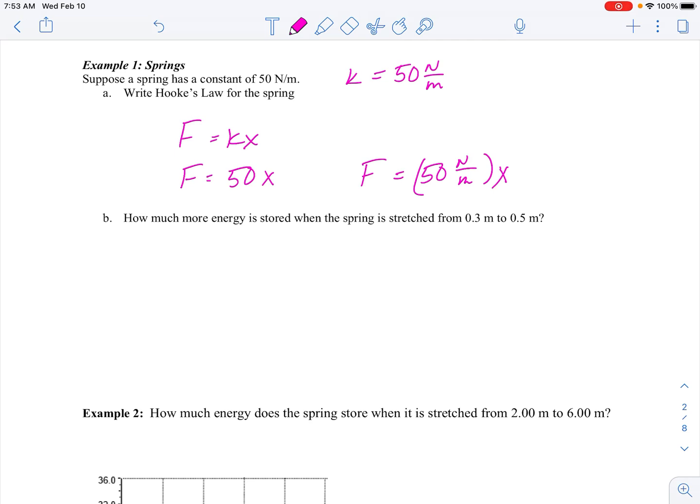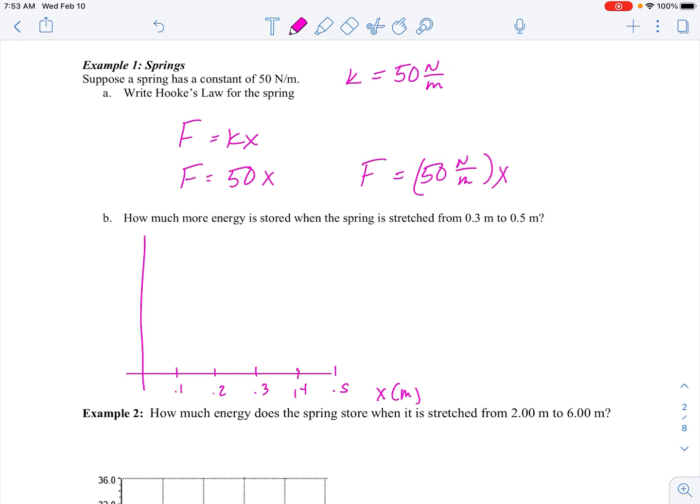Okay, part B. How much more energy is stored when the spring is stretched from 0.3 to 0.5 meters? Okay, well, I'm going to make a sketch of this. So 0.1, 0.2, 0.3, 0.4, 0.5 meters, x in meters.